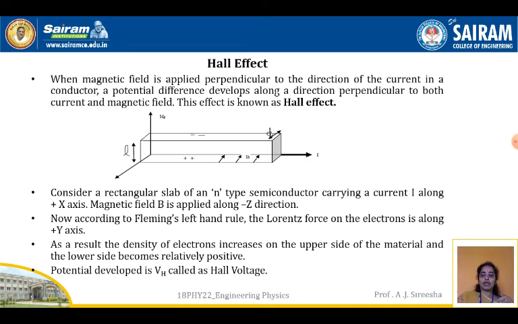Electrons move towards the positive y-axis. Therefore the upper part of the slab has negative charge and the lower part becomes positively charged. Due to the separation of charges, a voltage is developed. That voltage is called the Hall voltage, VH.